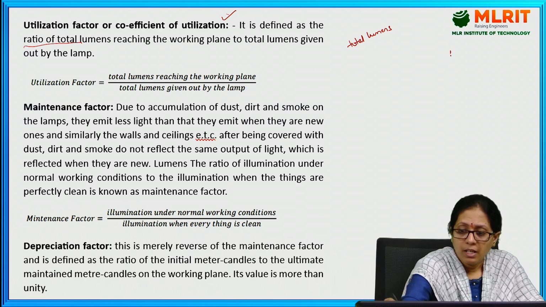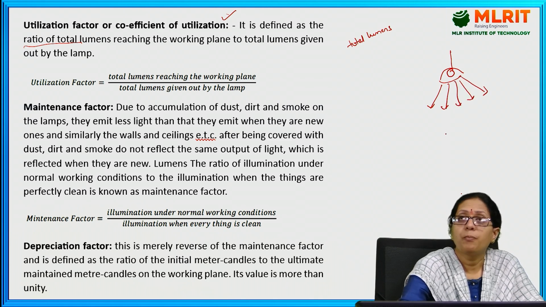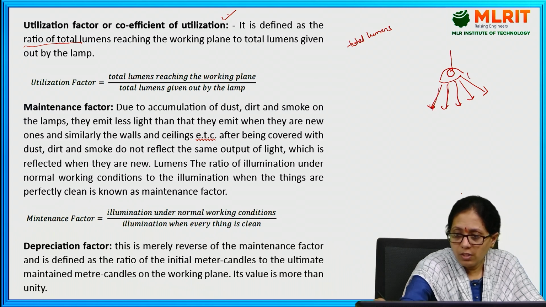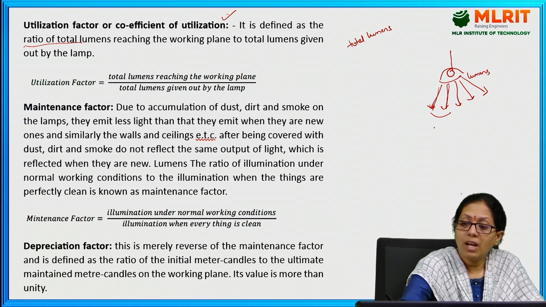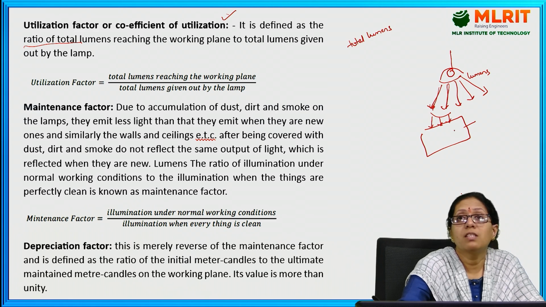That means here, if you can see a lamp, it will be giving some kind of lighting, which is measured in lumens, and the amount of lighting which is reaching the object is different.